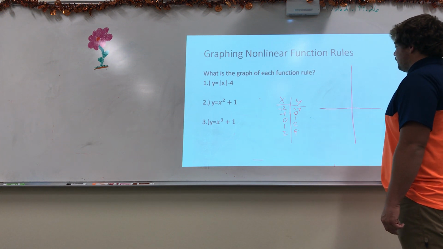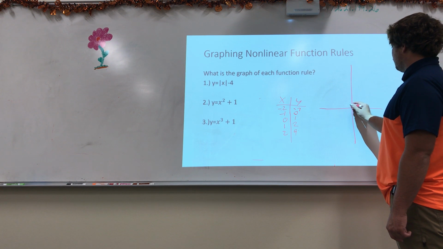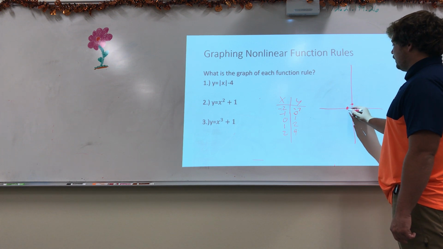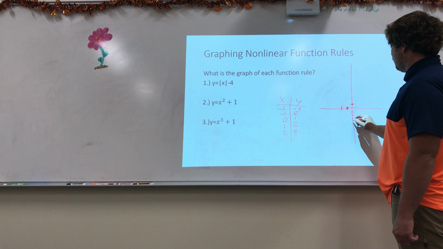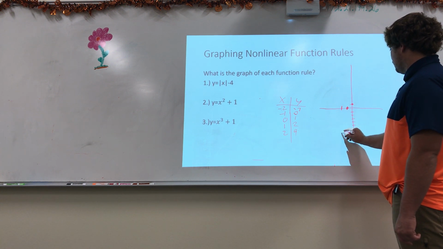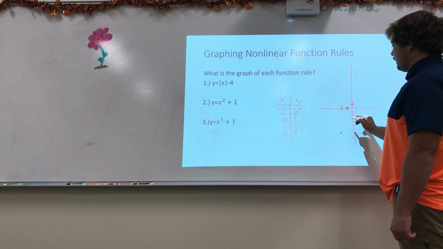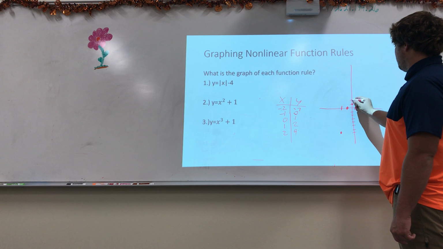This is probably going to be my other one. So 0, it's going to be at 1 right here, -1, it's going to be right here, at -2, it's going to be 1, 2, 3, 4, 5, 6, 7. Okay, at 1, it is going to be 2.